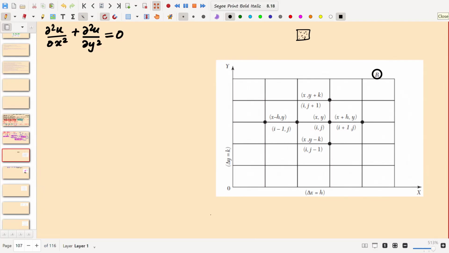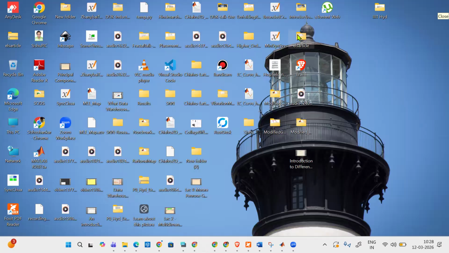So you solve the PDE. That is the idea. Mind you, it should not look this big. If you take this h very small, it will be a very fine grid.